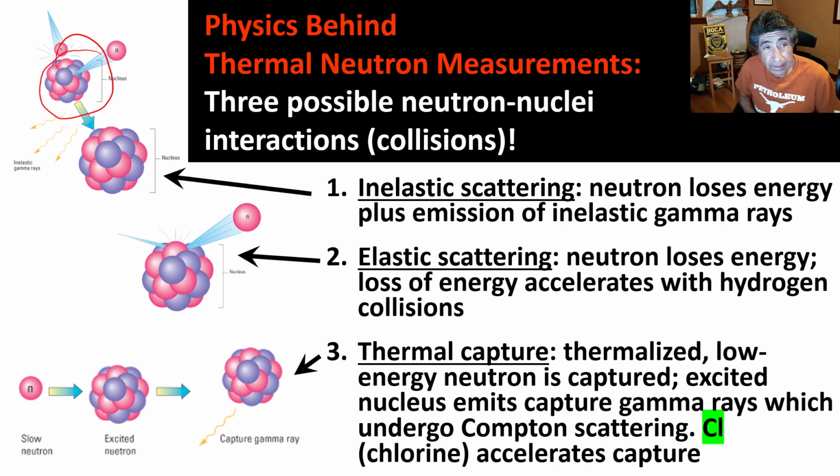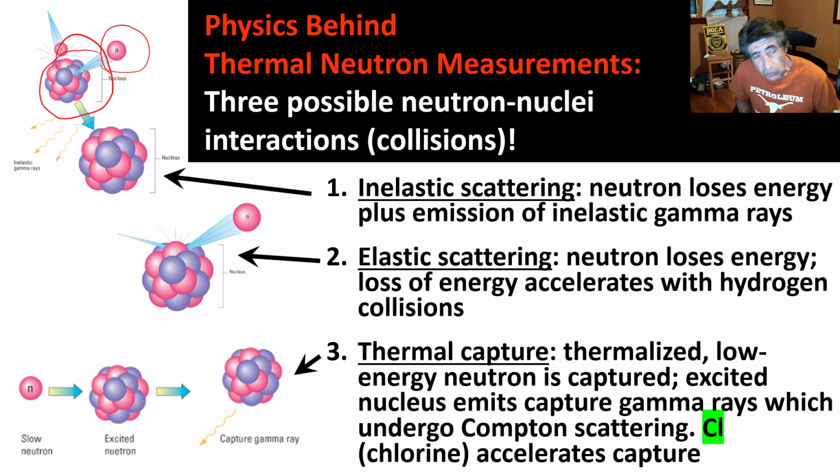What happens is like a collision of two billiard balls. This is a conservation of kinetic momentum and everything else. But essentially, if the neutron has high energy, some of that energy is going to be given to the target atom. And when the neutron bounces off, it will bounce off with less energy because some of the energy was transferred to the target atom.